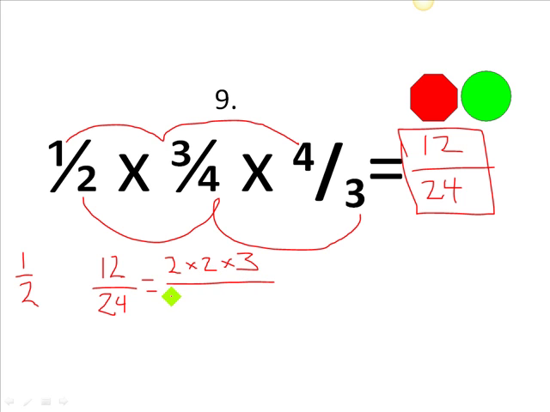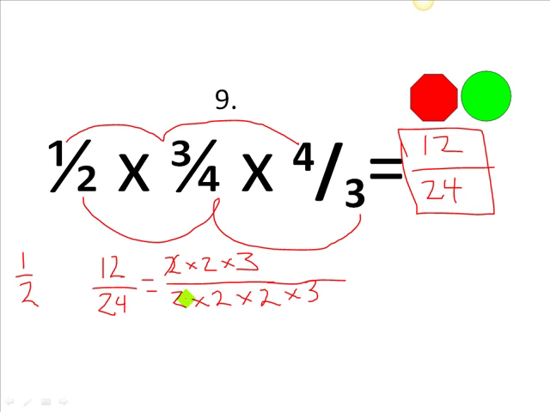And then down here, 24 is the same thing as 2 times 2 times 2 times 3, because 2 times 2 is 4, 4 times 2 is 8, and 8 times 3 is 24. So there's my denominator.